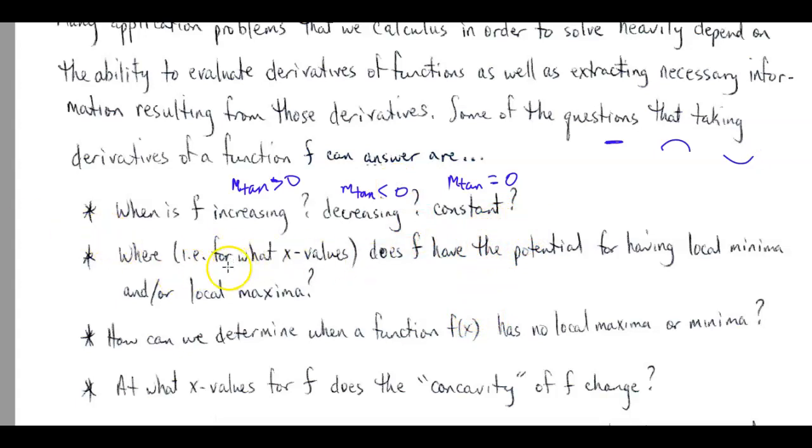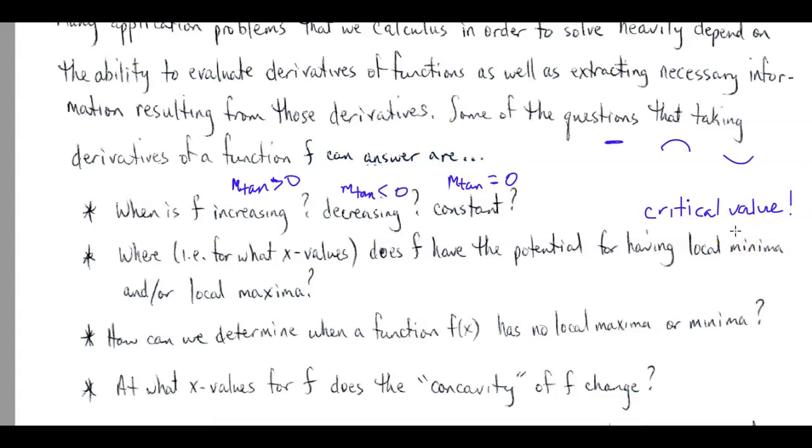So that is to say, what x values does our function have the potential of having a local max or min? If you remember in earlier videos when we talked about local extrema, the whole concept of a critical value, a critical number, let us know those locations.